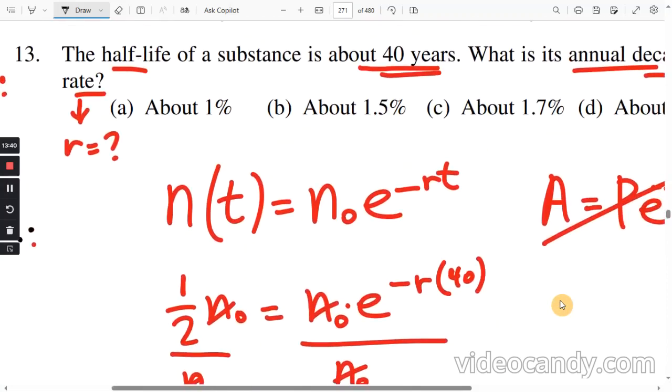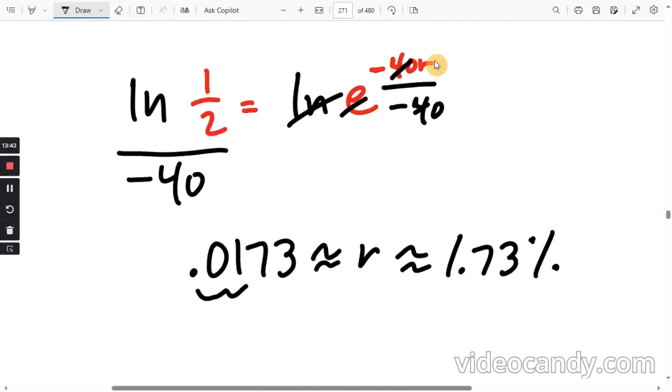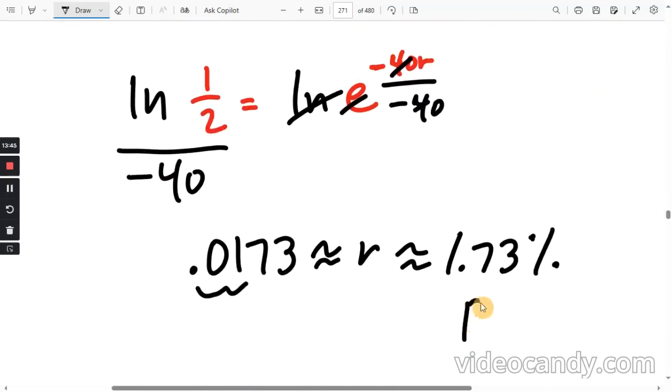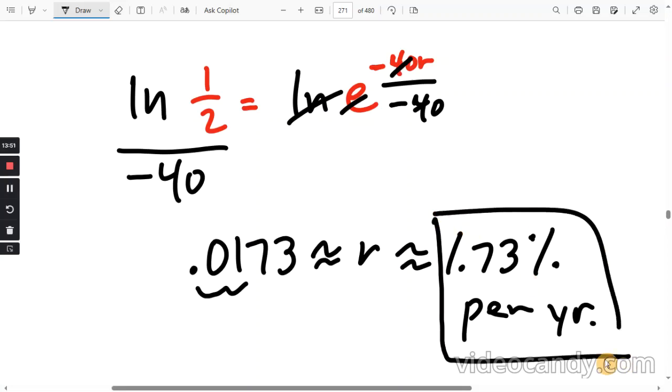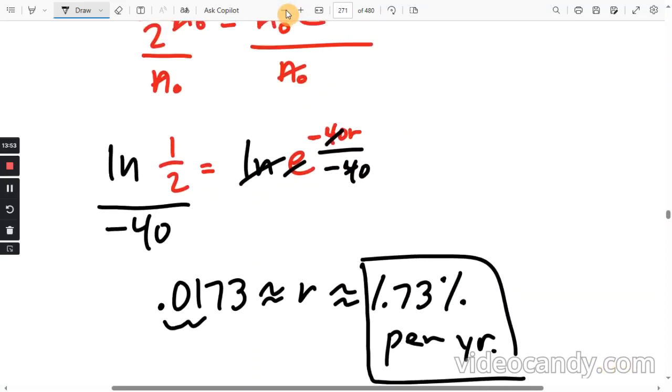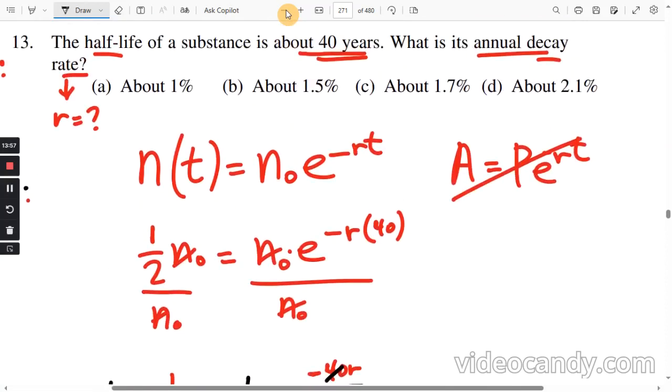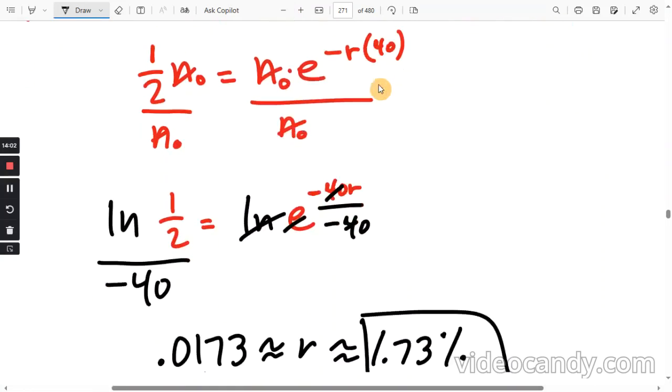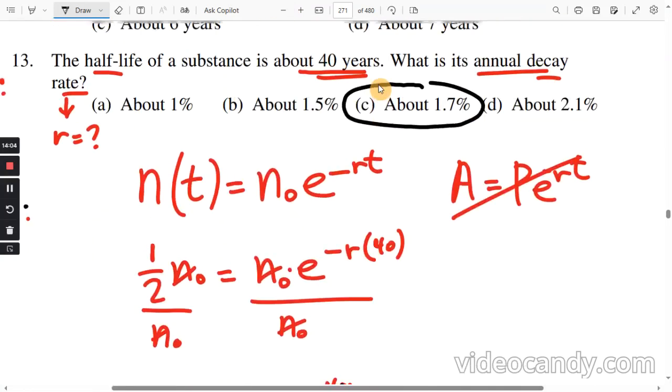The time t was in years, so this is 1.73% per year. That's how fast it decays. So I am going with answer C, because that is the closest to 1.73.